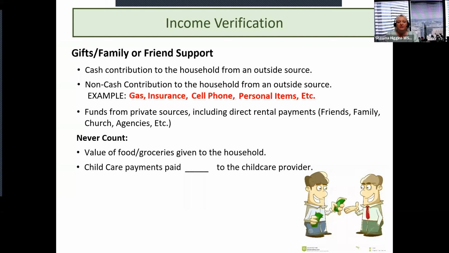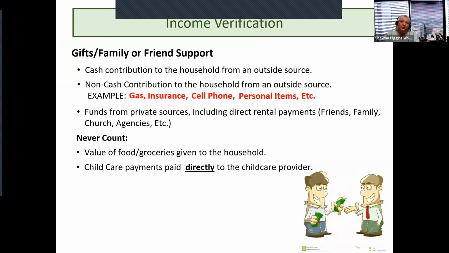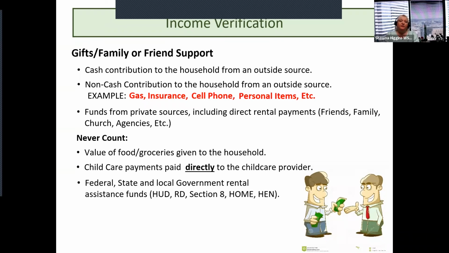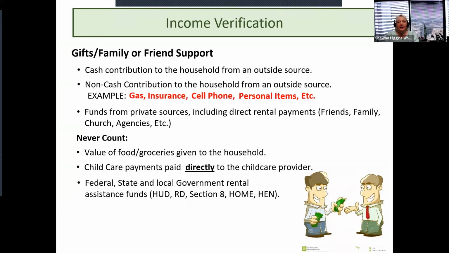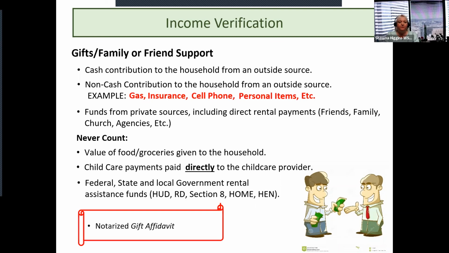So childcare payments that are paid directly to the childcare provider, those are not going to be counted. And federal, state, and local government rental assistance funds such as HUD, RD, Section 8, HOME, HEN, anything that's coming from the federal, state, and local government. And then you're always going to want to get the gift affidavit notarized.